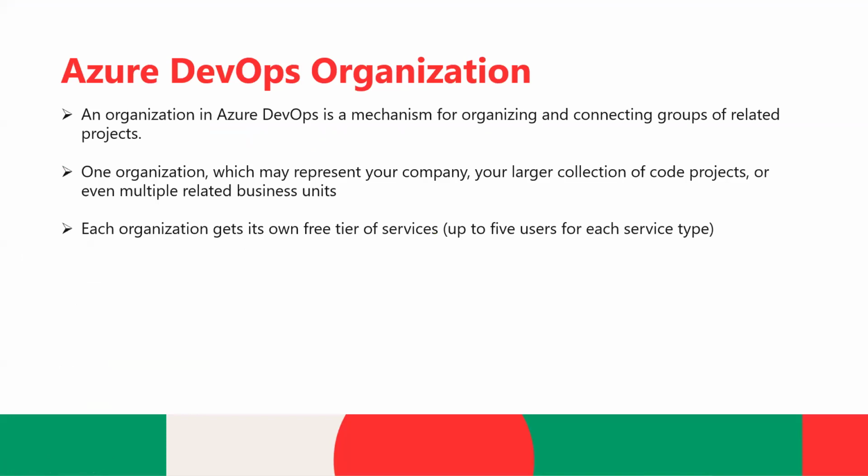Some projects deal with services, some with marketing, some with the actual coding, the backend database and all. There can be multiple entities, right? So the organization is a parent, you can say, the larger collection of projects. And within the organization, we create projects.